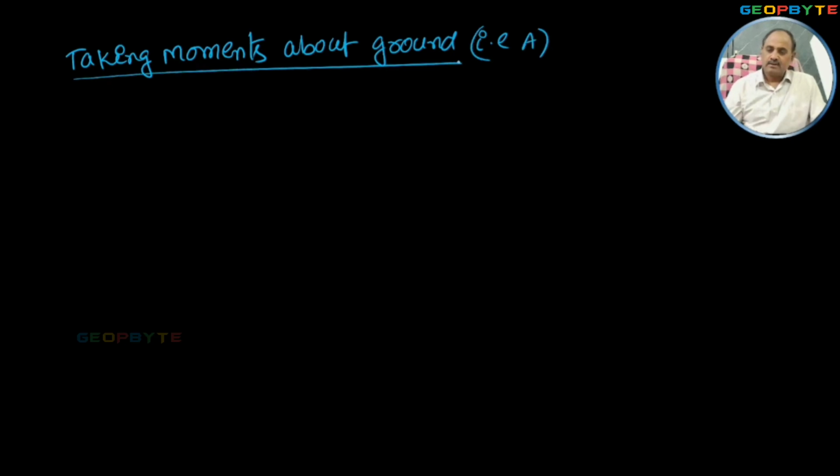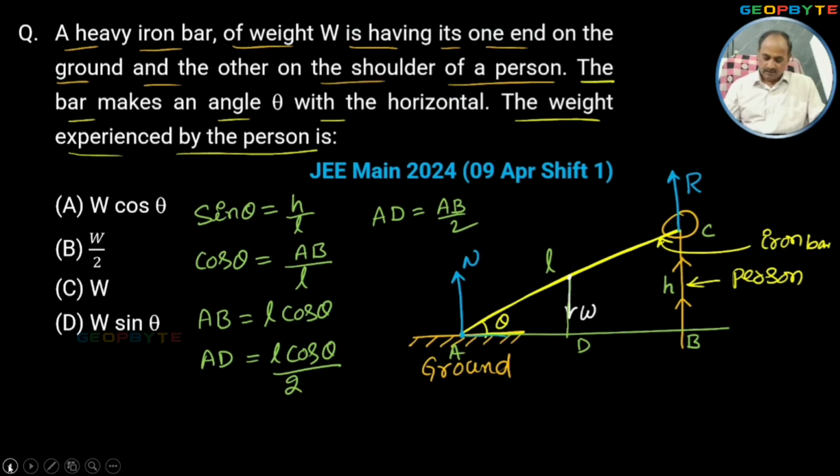Then let us take moments about the ground, that is A. Moment means product of force and perpendicular distance. Look at the force developed as a normal reaction with respect to the person, R. That R is acting vertically upwards. The perpendicular distance for a vertical force is the horizontal distance.